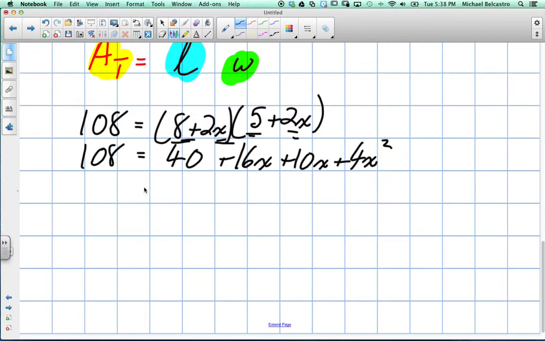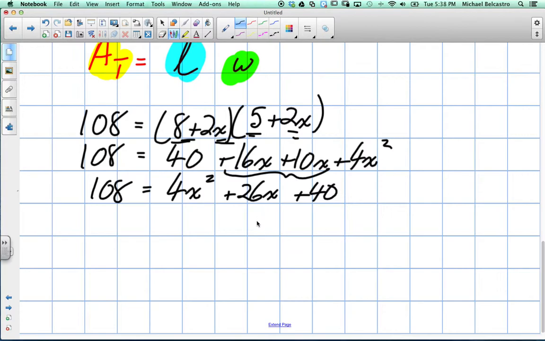I'm going to rearrange it the way polynomials are usually written, where the x squared is the first term. I'll combine my like terms in the middle: 26x plus 40. Well, it's equal to 108, which can be really hard to solve for in a quadratic. It's actually really easy, though, to solve when something is set equal to 0. So in order to set this equal to 0, what do I do with that 108?